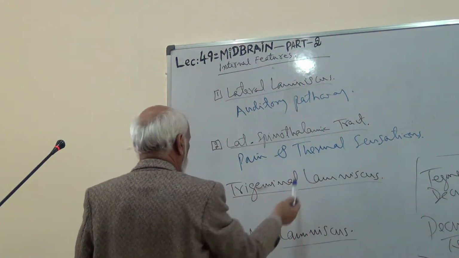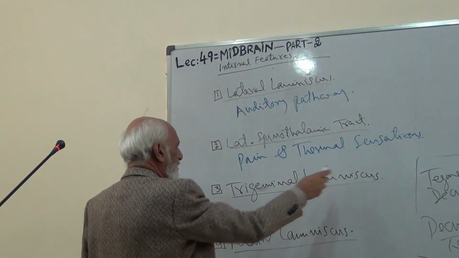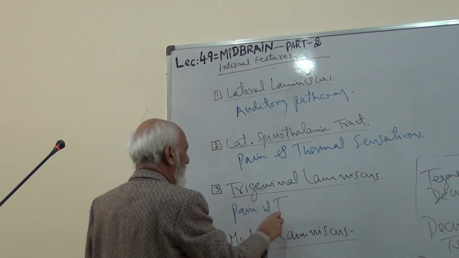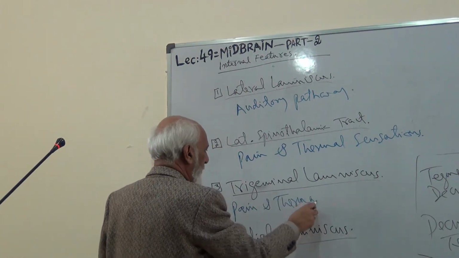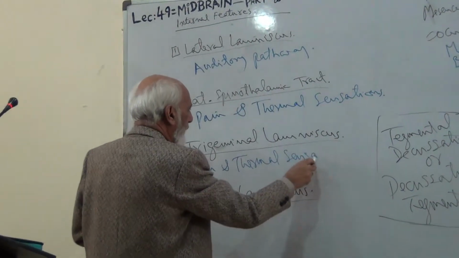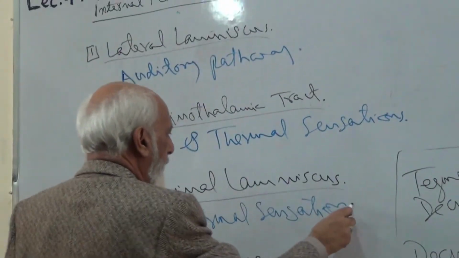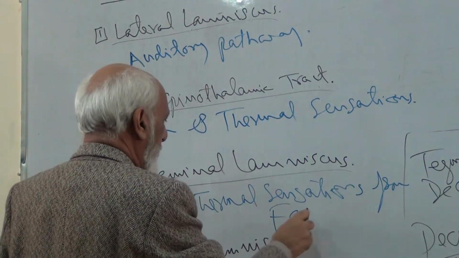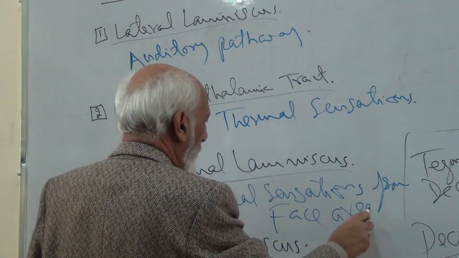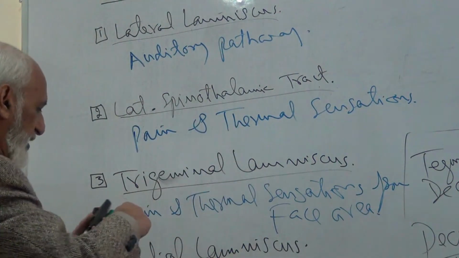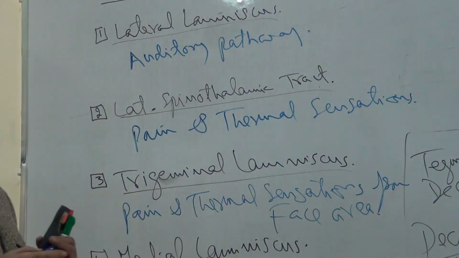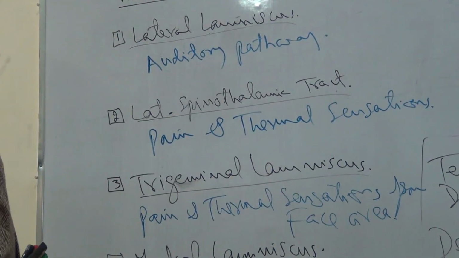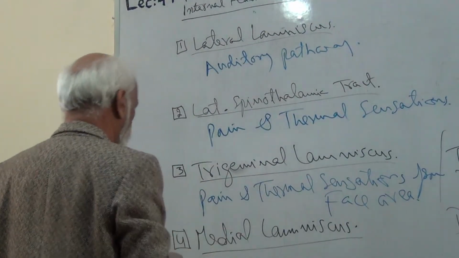The trigeminal lemniscus carries the same sensations, pain and thermal, from the face area only. The lateral spinothalamic tract carries pain and thermal sensation from the rest of the body.